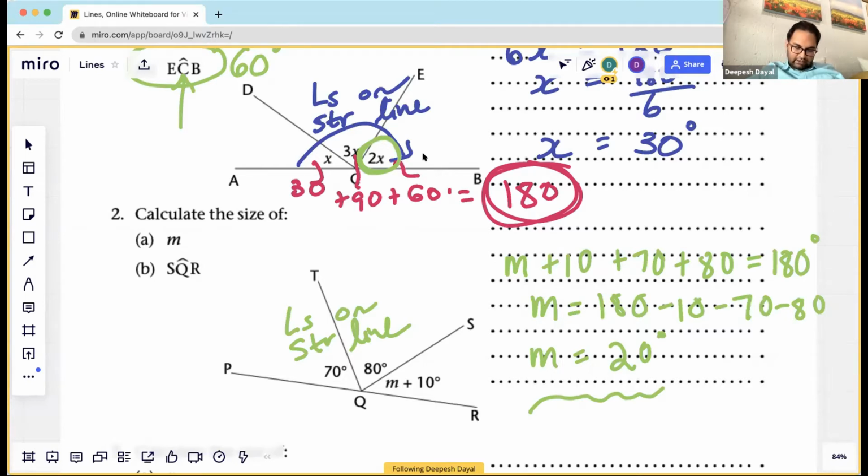That's correct. So SQR is 30 degrees. Because why? It's S to Q and then Q to R. So it's this one, 20 plus 10, which is 30, right? Okay, well done, everybody. Any questions regarding this one?